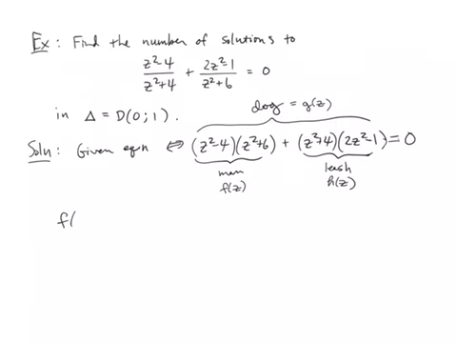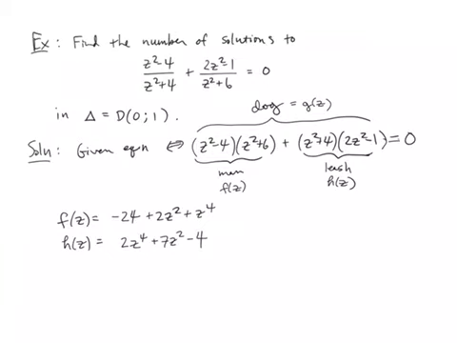Writing it out, f of z equals negative 24 plus 2z squared plus z to the fourth, and h of z is equal to 2z to the fourth plus 7z squared minus 4.